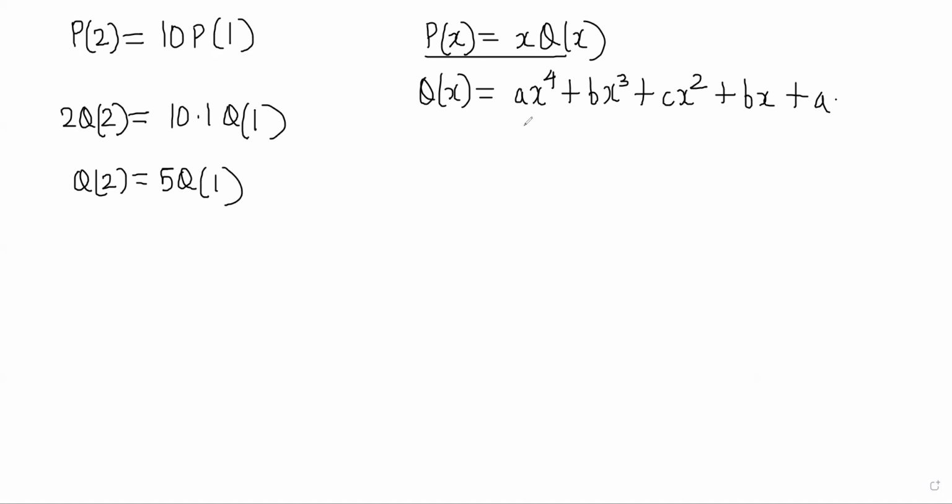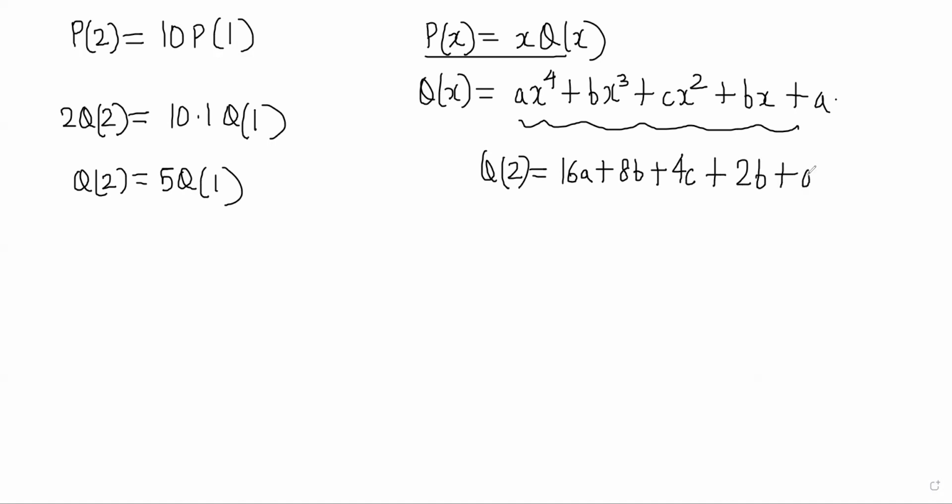So what is q of 2? We can calculate that. q of 2 will be equal to 16a plus 8b plus 4c plus 2b plus a, which is basically 17a plus 10b plus 4c. So we have 17a plus 10b plus 4c is equal to 5 times q of 1. q of 1 is a plus b plus c plus b plus a, right?